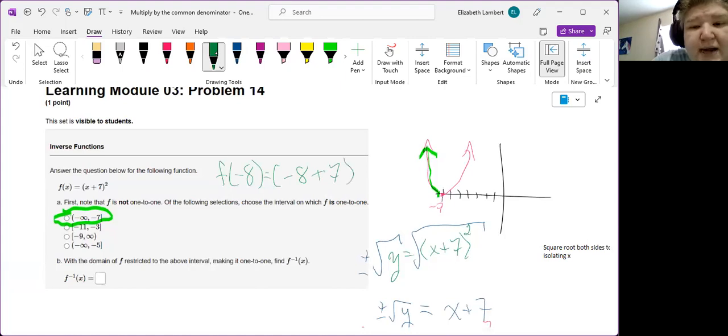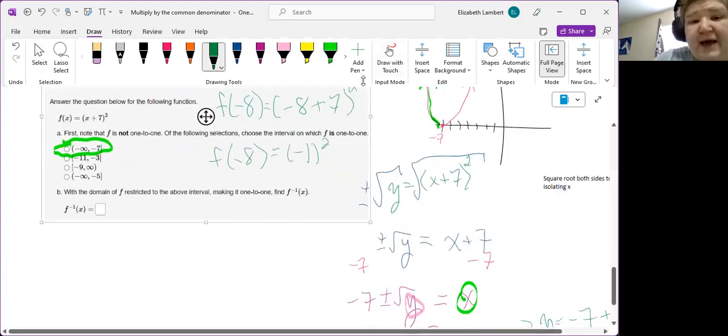So -8 plus 7 squared. -8 plus 7 is -1. And -1 squared is +1. So on our left side, f of -8 maps to a +1.